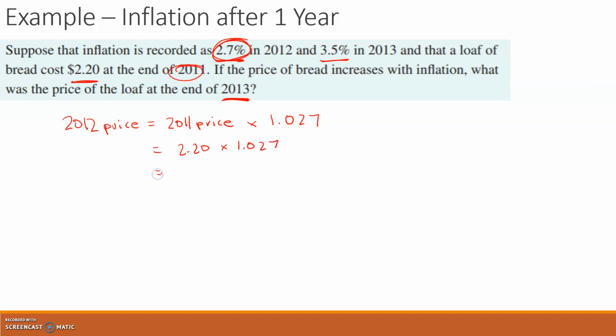So let's see what we get. 2.2 by 1.027 is equal to $2.2594. So that's the exact answer, and I'll just round it now because it's dollars and cents, to $2.26, roughly.